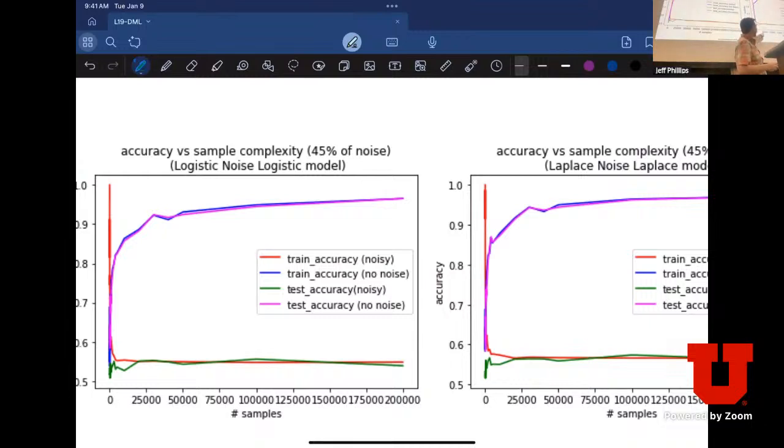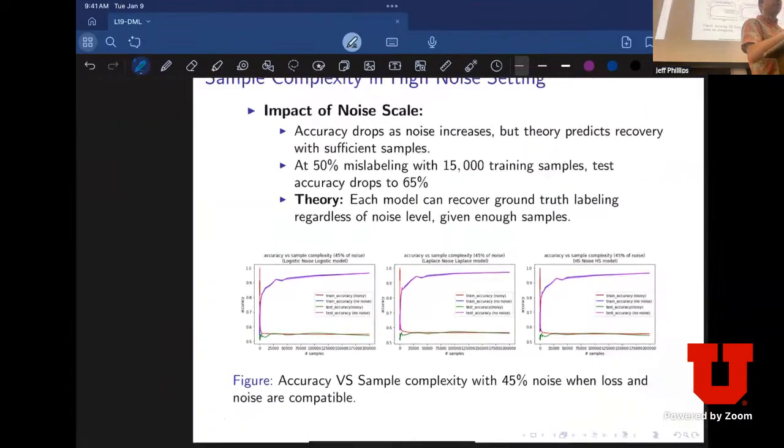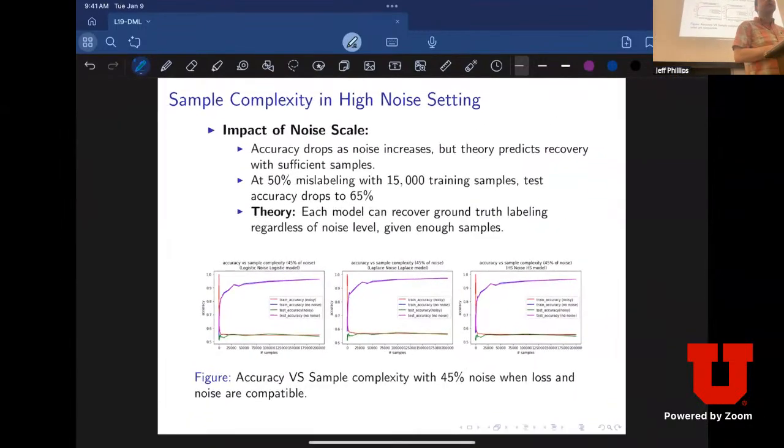Before that, maybe at 10,000 samples, it's doing okay. But if I only have 100 samples, I'm not going to be doing so well with 45% noise. If you have less noise, then you can get higher accuracy with fewer samples, but not actually that much fewer. So you need a fair number of samples for these things to work. This is in 10 dimensions, I think.